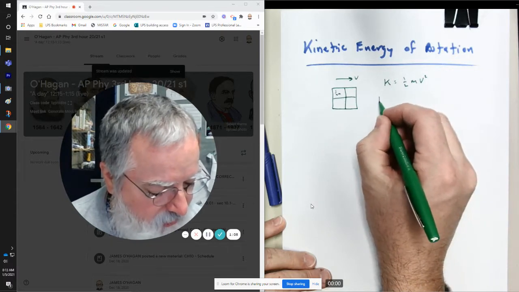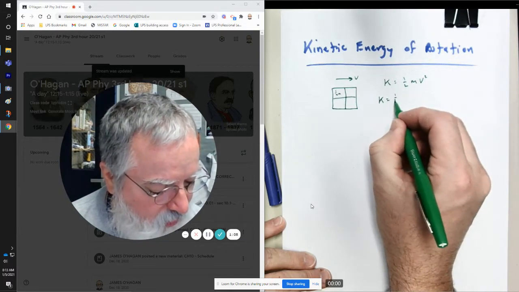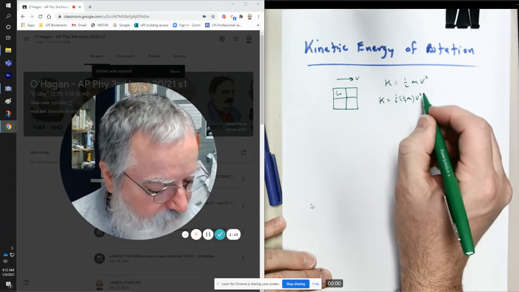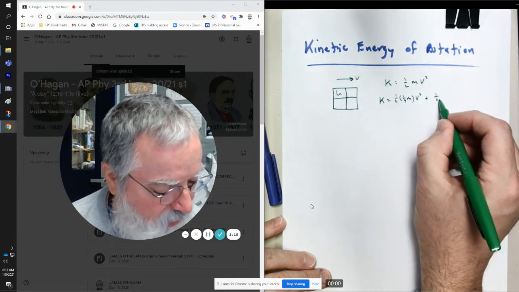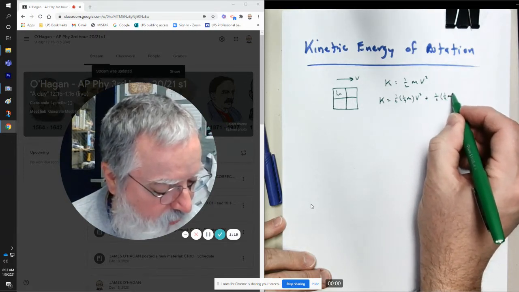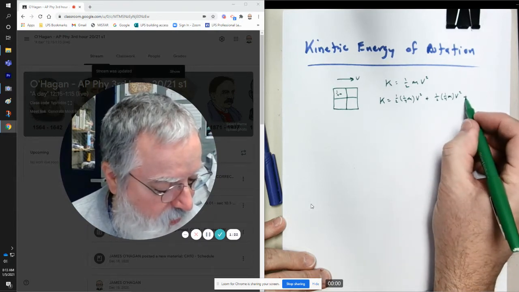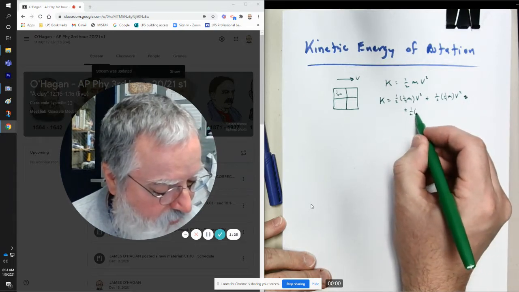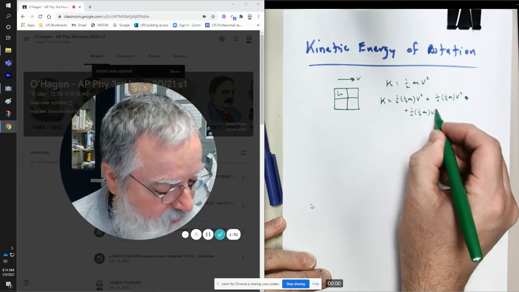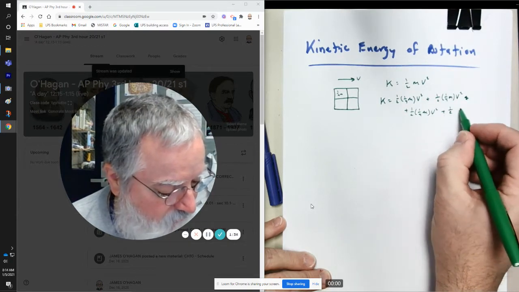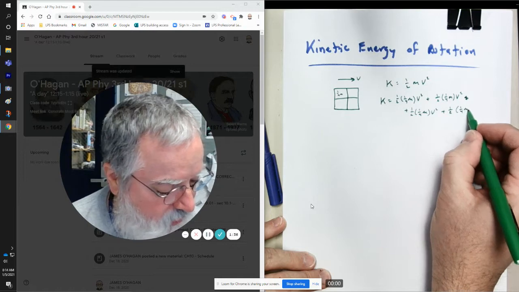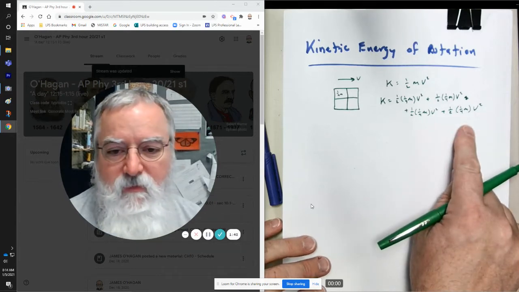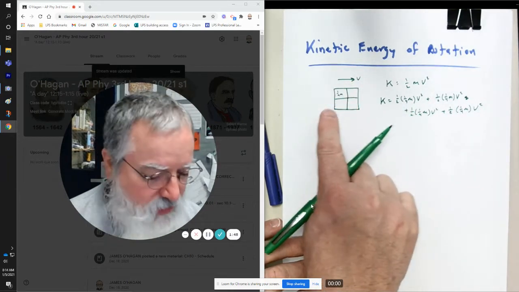So our kinetic energy ends up being 1/2 times 1/4 m v squared, plus 1/2 times 1/4 m v squared, plus 1/2 times 1/4 m v squared, plus 1/2 times 1/4 m v squared. And the thing I want to make clear is that the v's are the exact same for every one of these objects because it's translating.